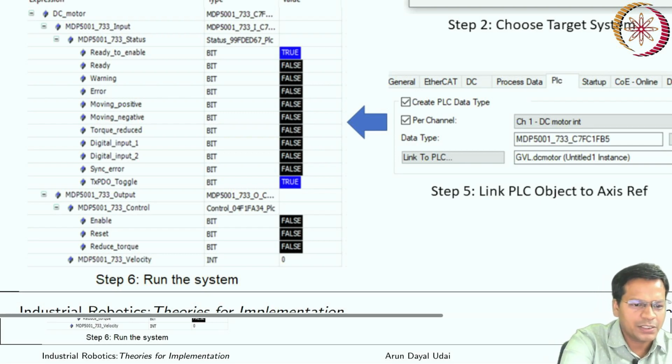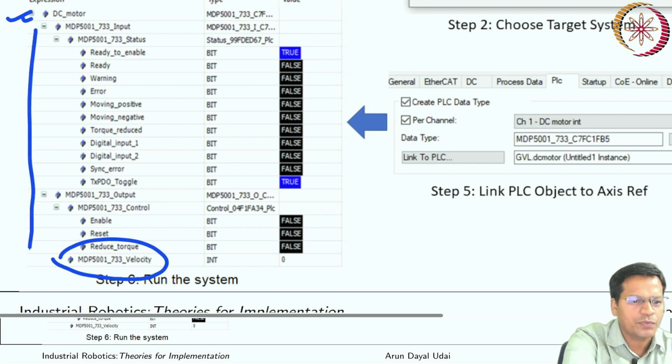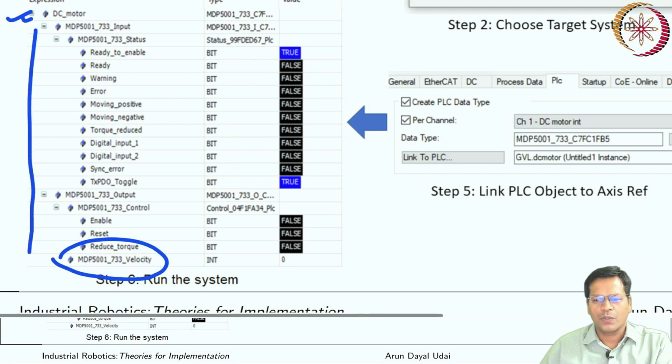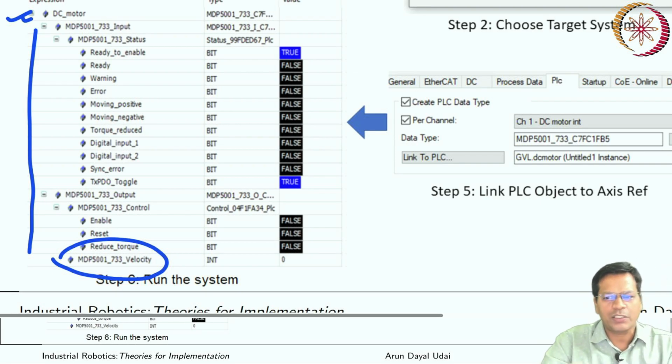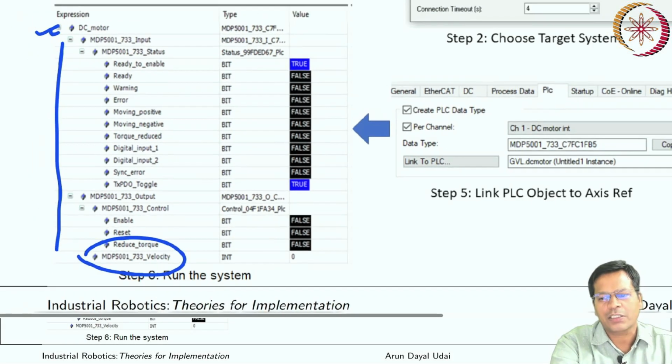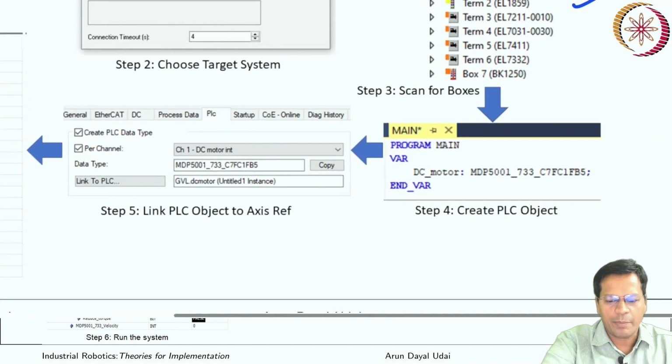So this is the actual variable that I have to modify. This is my complete DC motor object, and it has all sorts of different process variables. Once I define this process variable, it is accessible to different external programming environments.